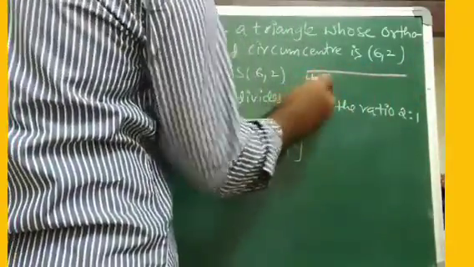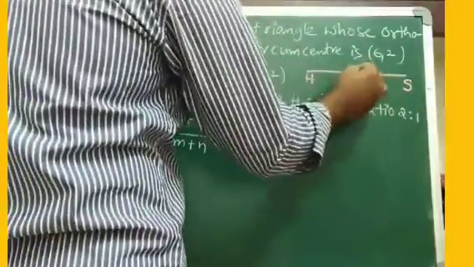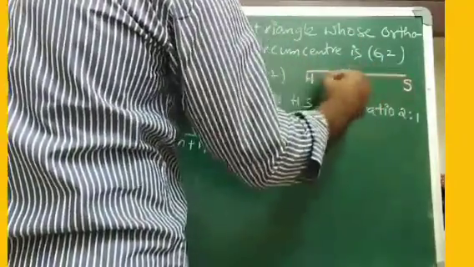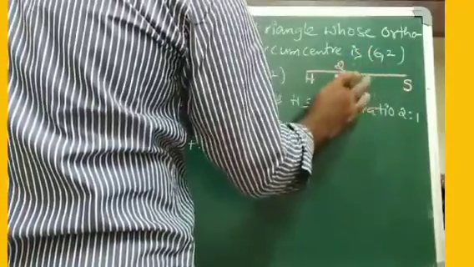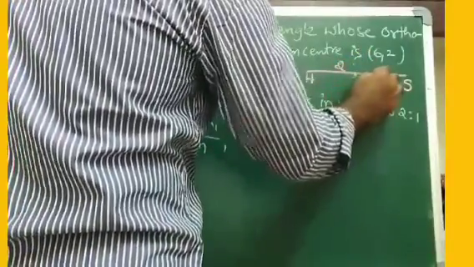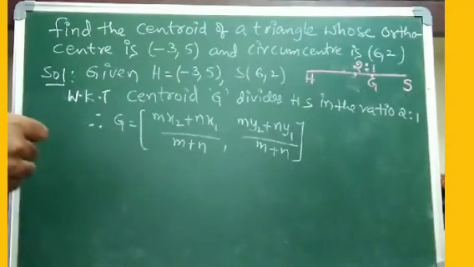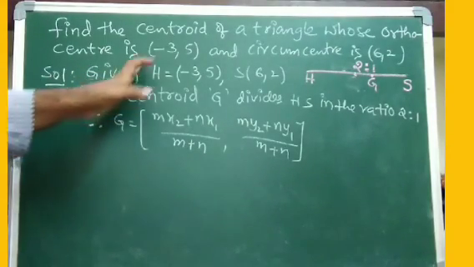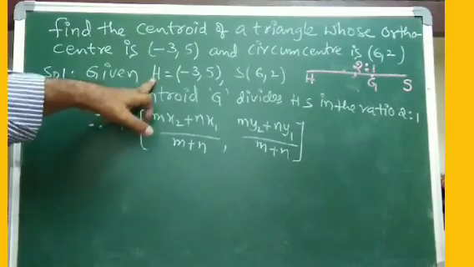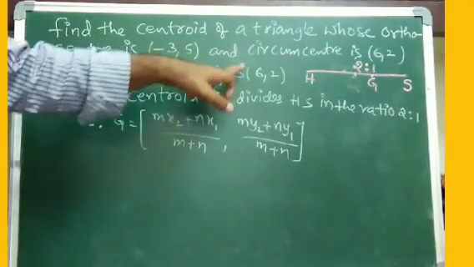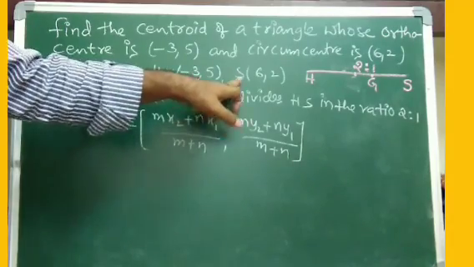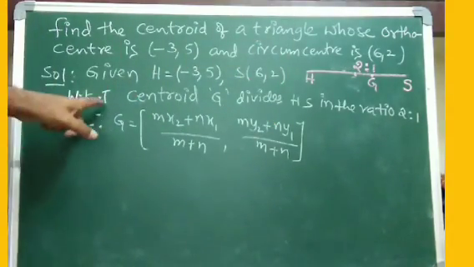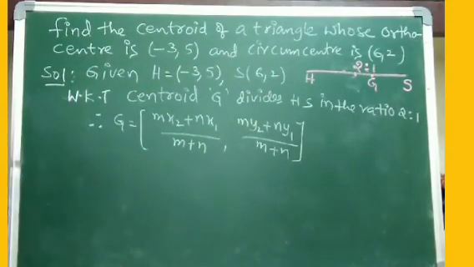Just now we discussed in the concept that the centroid is somewhere in the middle, which divides them in the ratio 2:1. So note down that the given H, which stands for orthocenter, is (-3, 5) and the circumcenter, denoted by S, is (6, 2). We know that the centroid is dividing H and S in the ratio 2:1 internally.